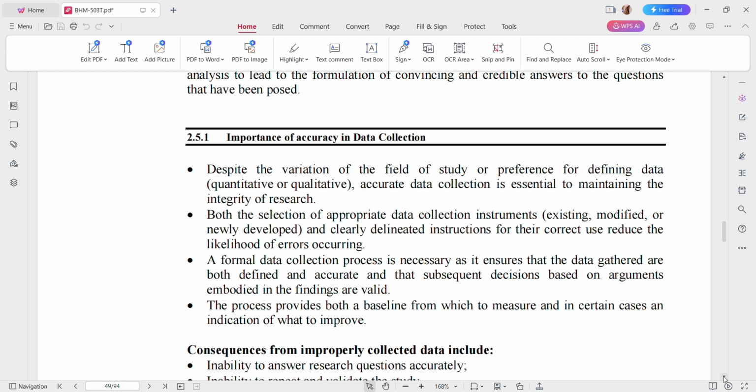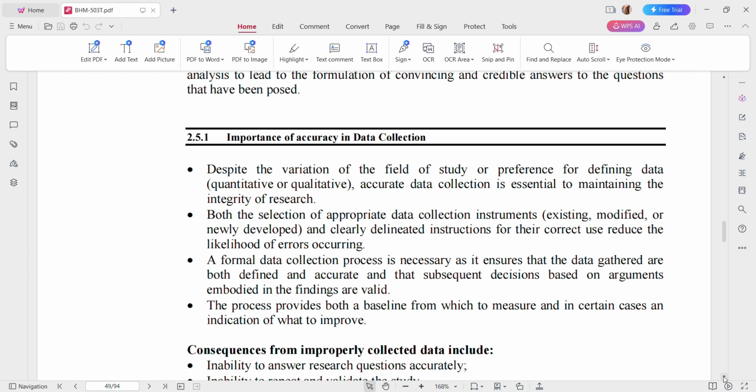So meaning to say you have to use appropriate data collection instruments. The instrument really is very vital, especially in the data collection process, because this will lead to the information that you'll be needing in answering your statement of the problem.